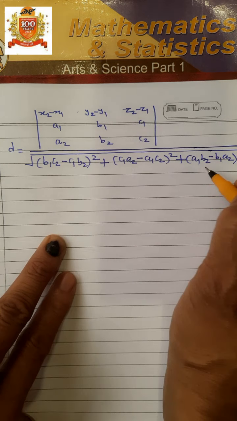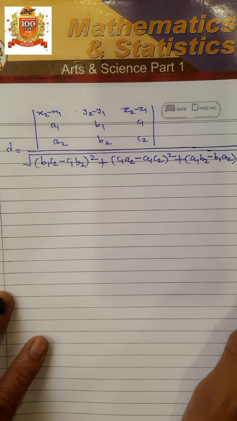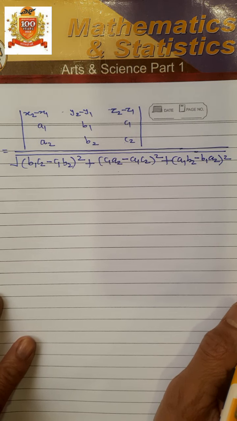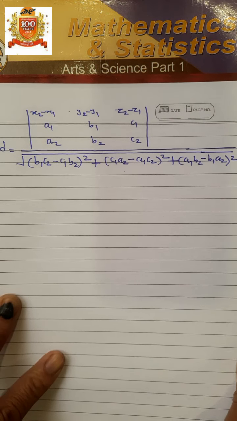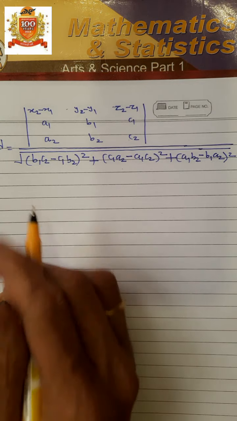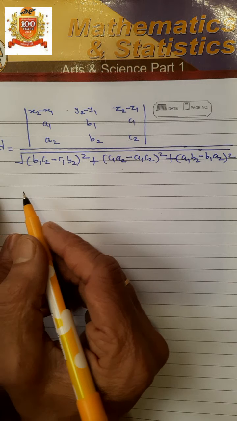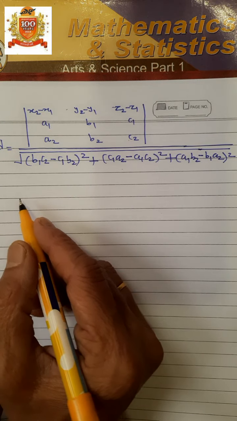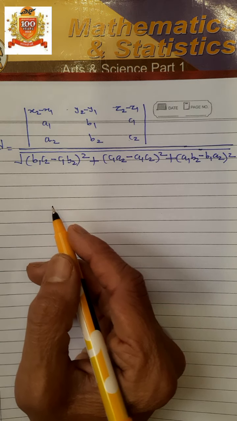By using this formula, we can find the shortest distance between two lines whose equations are given in the Cartesian form, isn't it?